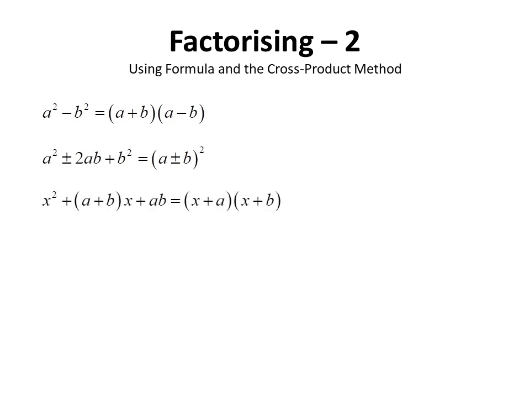The next formula is the quadratic trinomial. The so-called cross-product method can be demonstrated here. Basically, factors of the quadratic and the constant terms are regrouped to match the linear term.